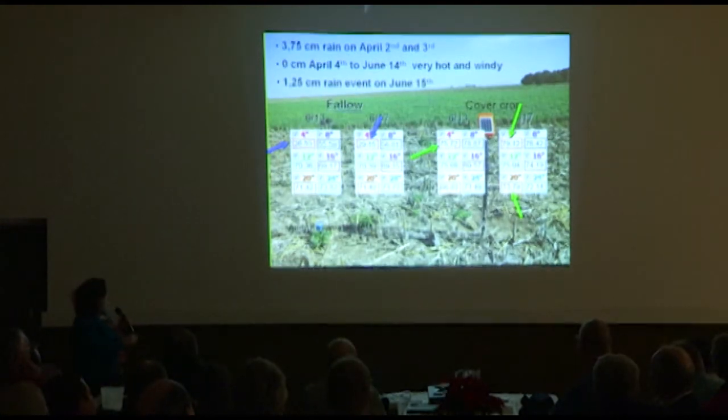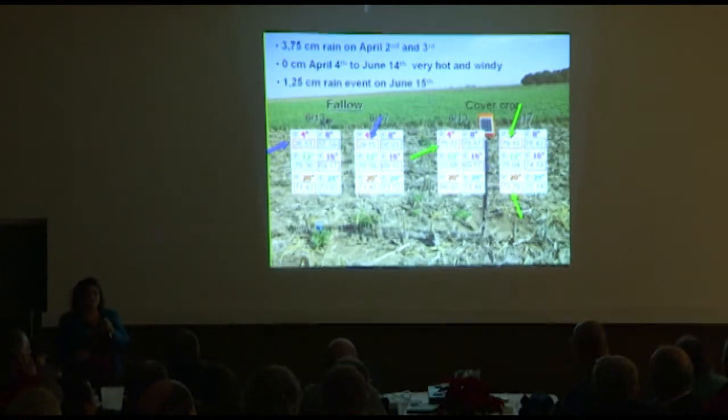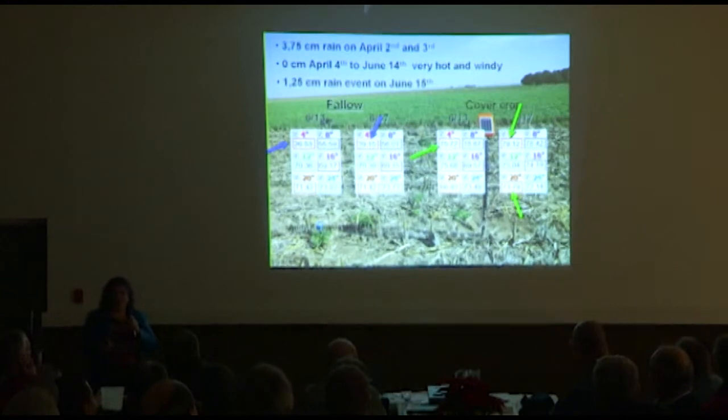And so the water capacity of that fallow was about 26% at 4 inches and 55 at 8 inches. The day after the rain, it goes from 26 to 29. It didn't make any difference at 8 inches deep because the soil was very hot and the water that came in just evaporated almost at the same time.